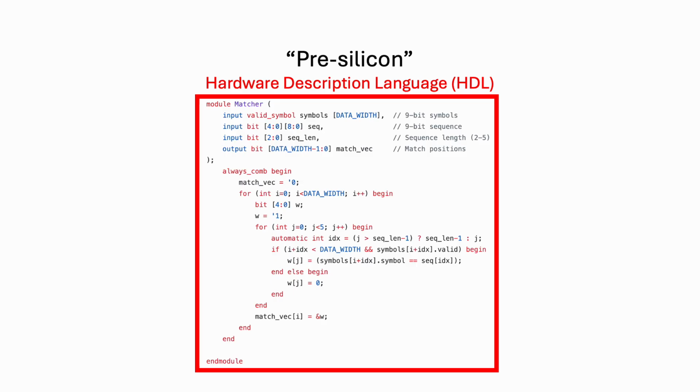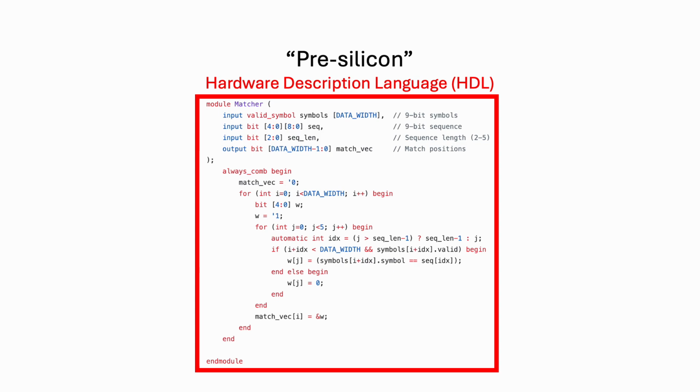It looks vaguely like a C-style language, but there are a lot of hardware-specific constructs that allow you to manipulate things like registers and logic gates, that type of thing.